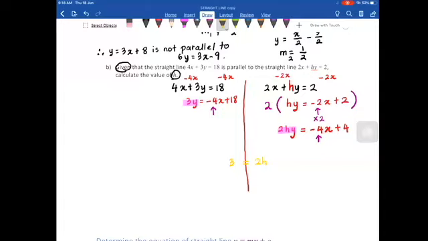So h is equals to 3 over 2. Okay. So that's how we do it. We are comparing, yeah.